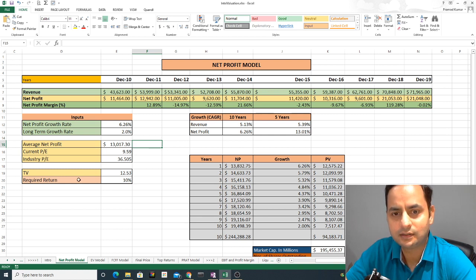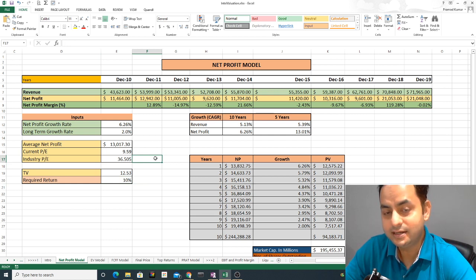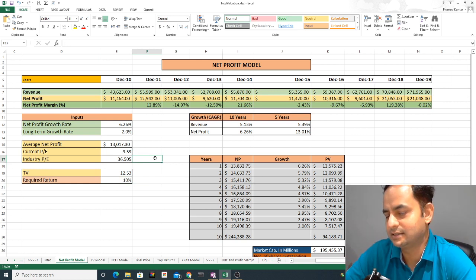For the required return, I just take a 10% return. Why have I taken 10%? Because the S&P 500 index gives 10%, or that's what I assume. So I don't want any extra risk in a stock if it cannot generate even a 10% return.